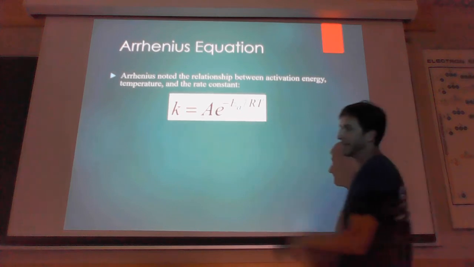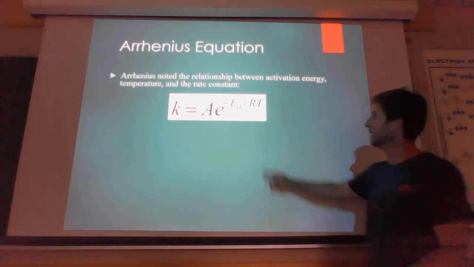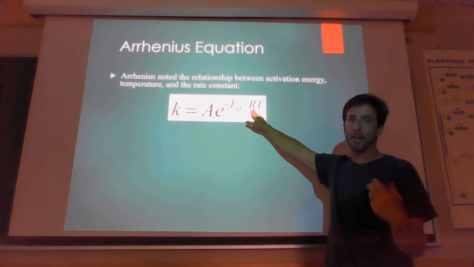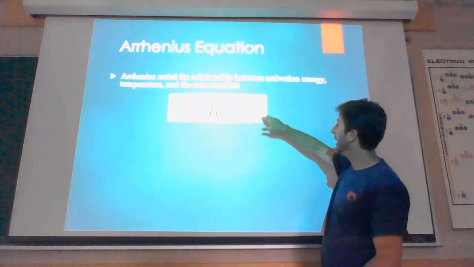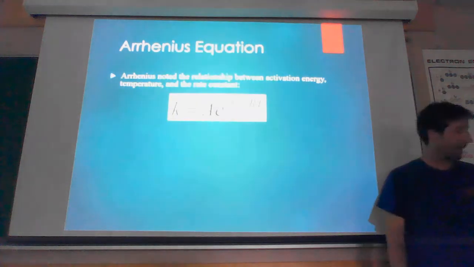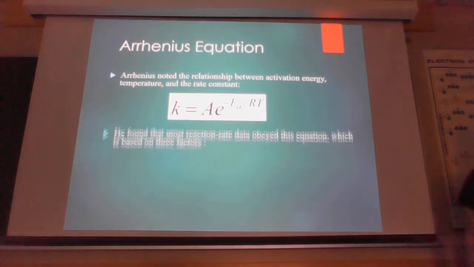Ea is the activation energy of a reaction. R is the thermodynamic R value, which is 8.314 joules per mole Kelvin, and then the T has to be in Kelvin. Okay, so that's the Arrhenius equation.